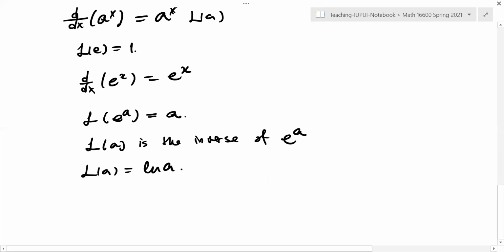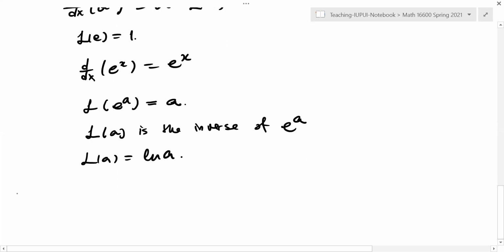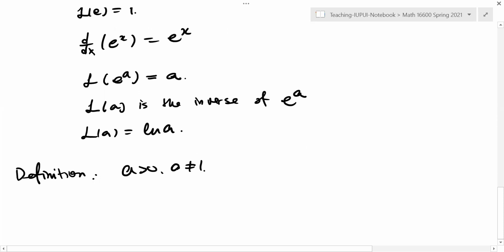Today I'm going to define the log function as the inverse function of an exponential function. Here's the definition. a is going to be positive, and a is not going to be 1. We know that the exponential function is either a decreasing function or an increasing function, so it is monotonic.